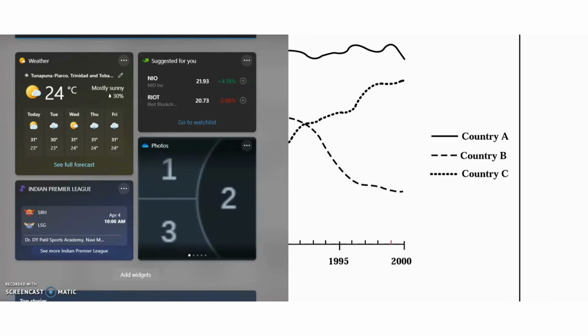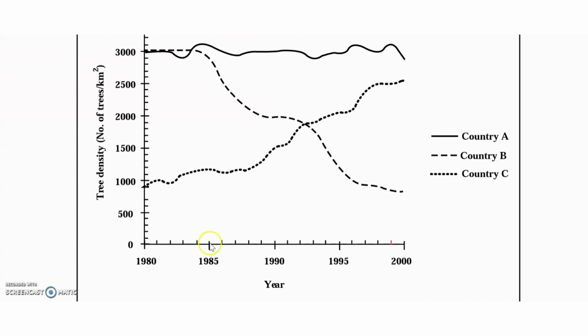For the year 1985, if you go all the way up, you'll realize it will be somewhere across here. I'll go straight across. On the y-axis, you will realize it will be roughly at 2,900 trees per square kilometer. So just keep that in mind for me: 2,900. Now, for the year 1995, which is here, if you use your ruler, you go straight up, it'll be roughly there.